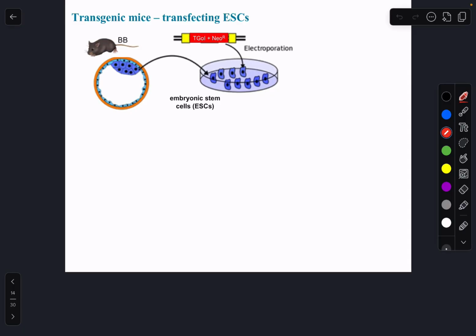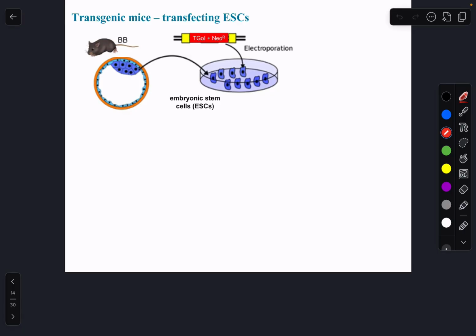These are the cells that have the capacity to become anything in an adult mouse. Those are the cells that have the potency to be anything in the mouse, right? But what you do is you dissociate those cells through enzymatic treatment. You plate them in culture, and now you have embryonic stem cells in culture.